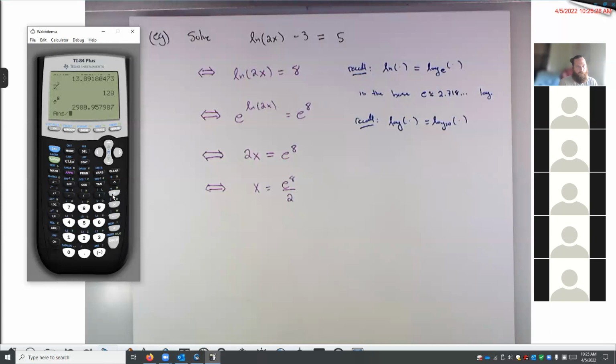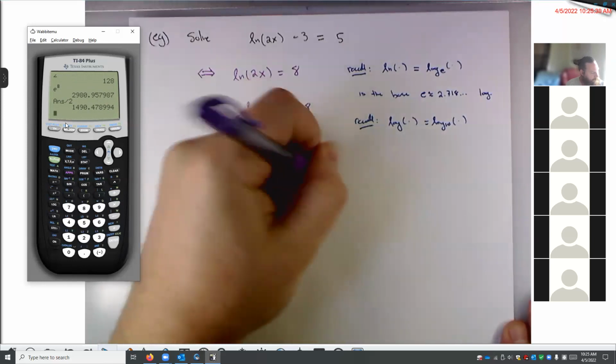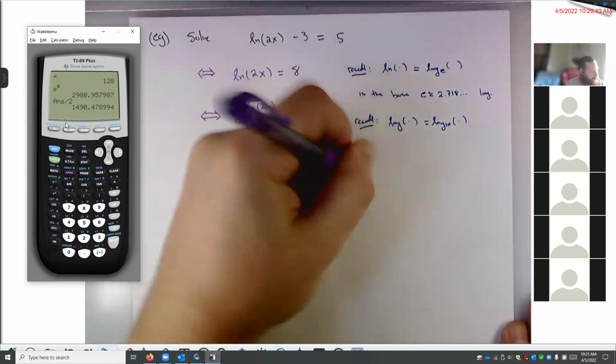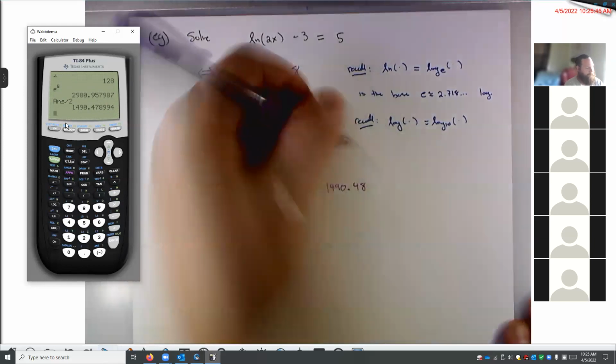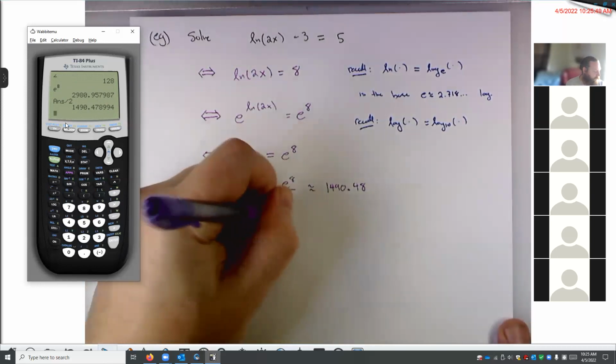And then we need to divide this number by 2. And we get 1,490.48 if we're rounding to 2 decimal places. And this would be your exact answer.